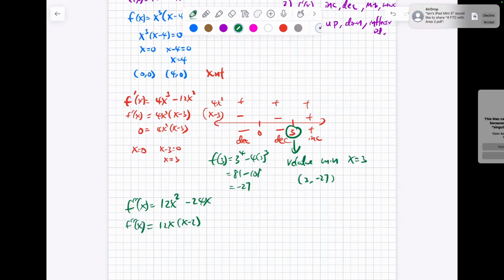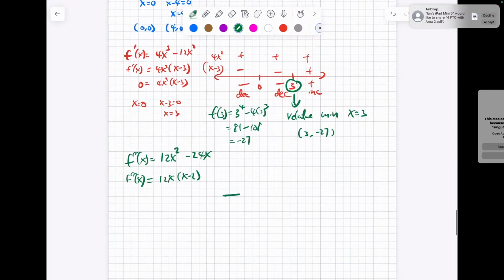Is that okay? That's easy. Just do the thing twice. 0 and 2. And 12x and x minus 2. Negative, positive, positive. And if I plug in, negative, negative, positive, I think it's positive, negative, positive. This is up, down, and up.